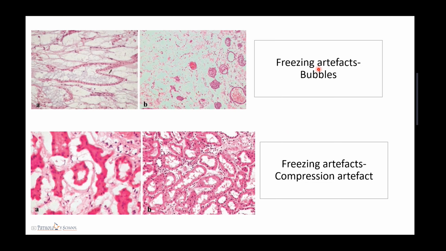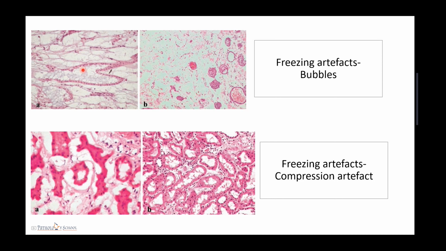Now this is freezing artifact, bubbles. This is a section from renal tissue. A is the frozen section and B is the paraffin section. In A you can see many bubbles. The stroma is edematous, but there are many bubbles seen.